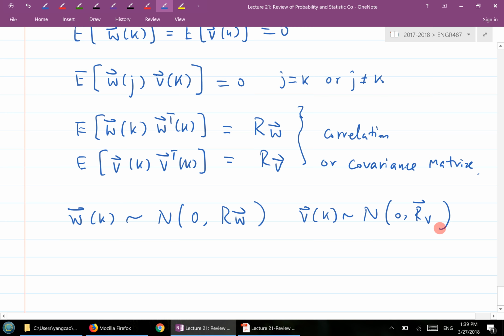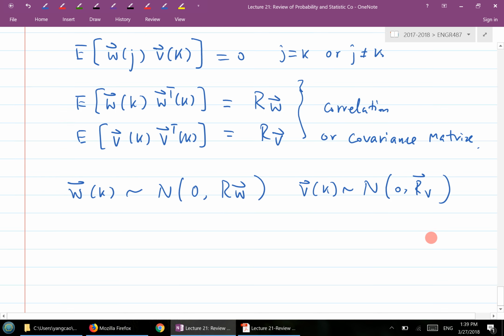Good? So now, think of a very specific example, for example the initial value x of 0. You're trying to look at what the initial input, the initial value for the system, is.